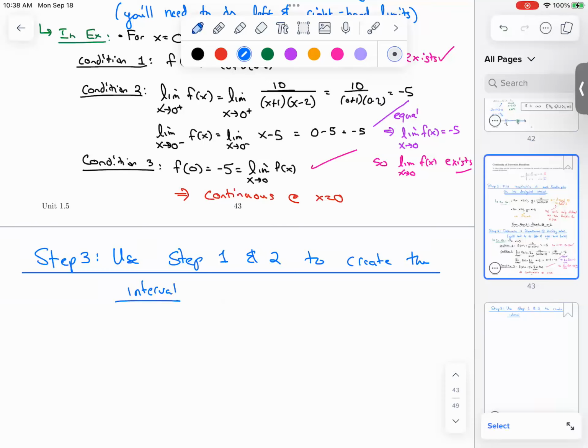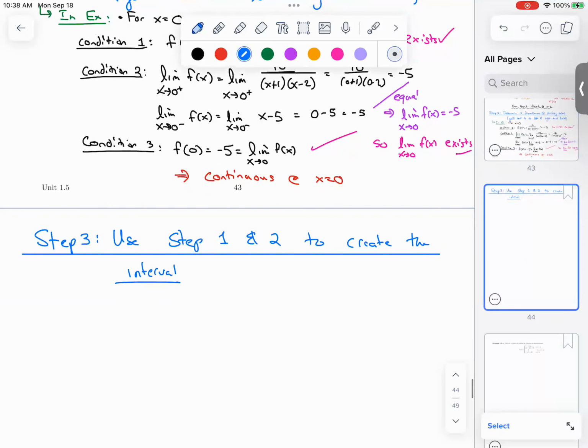But it's asking for where it's continuous. So in the example, only one discontinuity at x equals 2. So that is the only issue. 0 wasn't an issue. -1 was an issue, so that was the only one.